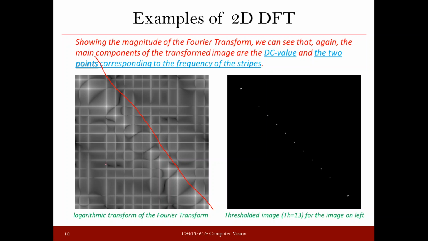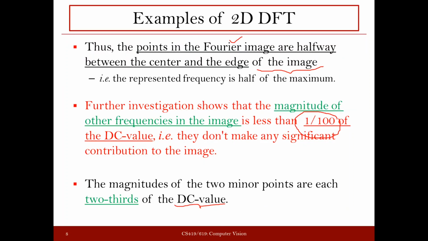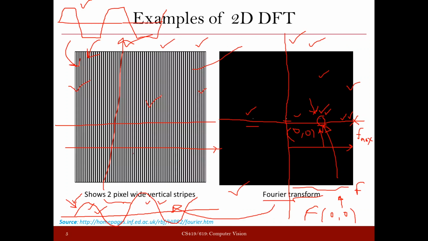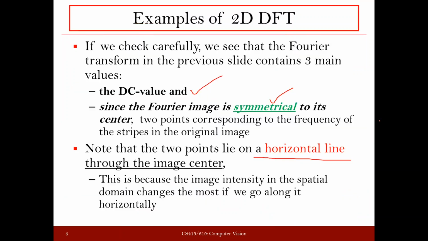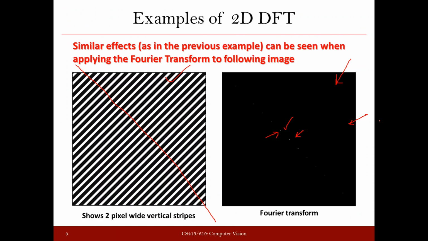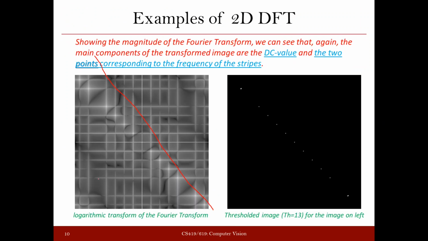Right? As I said in the previous example, if you magnify this image, you will find more white dots, but they will be only when you are going horizontally from here to here. But in this case you are finding that these white dots are visible at many places here and here.